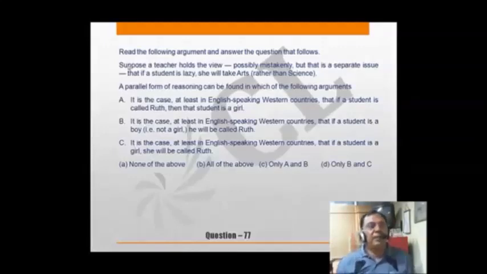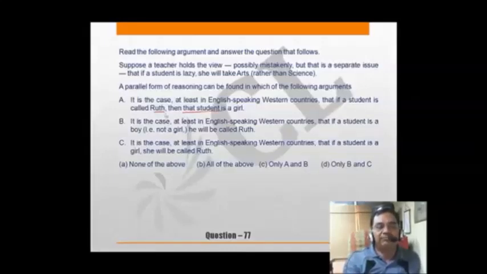Okay. Read the following argument and answer the questions that follow. Suppose the teacher holds the view, possibly mistakenly, but that is a separate issue, that a student will take arts. If something is there, then that causes something. At least in the case, if a student is called Ruth, then the student is a girl.